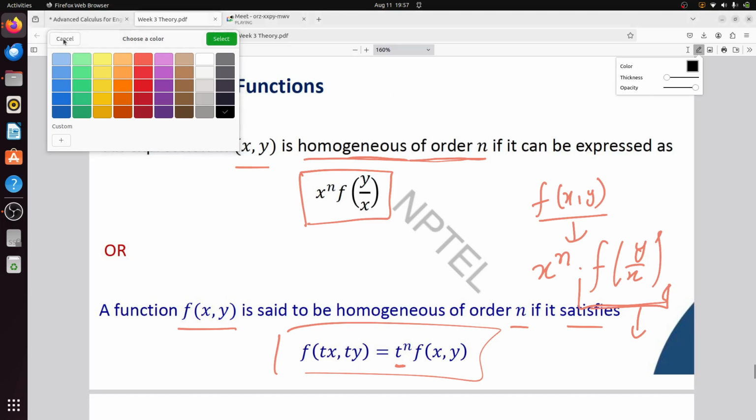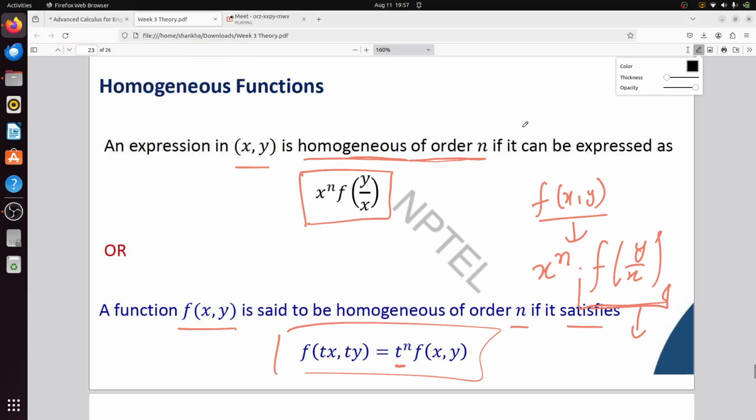z equal to x square plus y square. Very nice. And sine of x square plus y square, is it a homogeneous function? No, right?